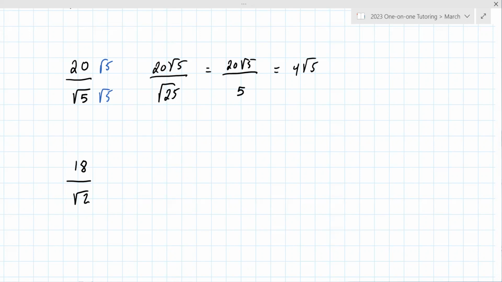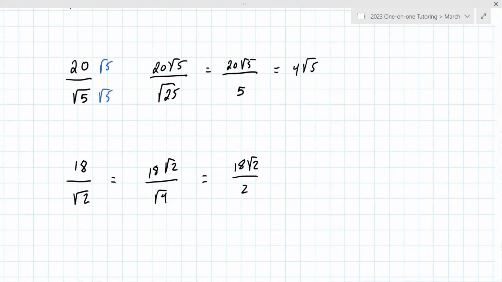I got 18 square root of 2 over the square root of 4. Okay, keep going. What is the square root of 4? 2. So there are several intermediate steps here.